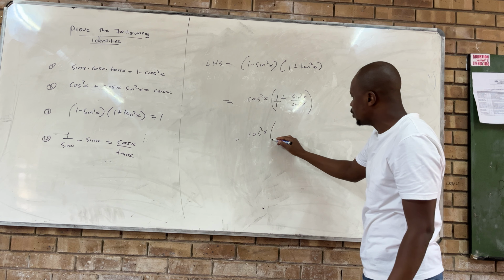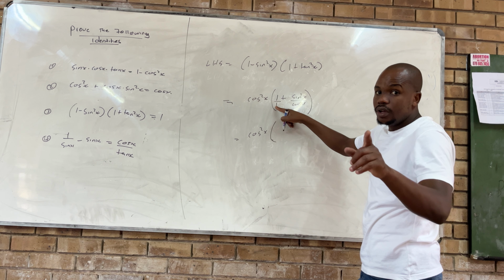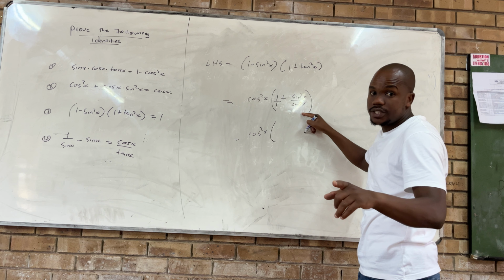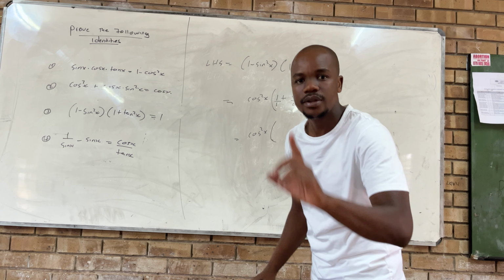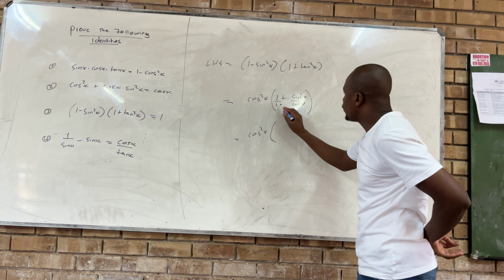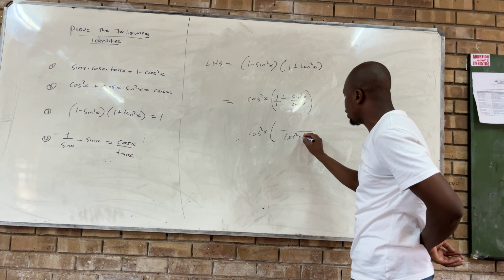Now we can simplify. Whenever you have two fractions, what you do, grade 5. 1 multiplied by cos squared is cos squared x.